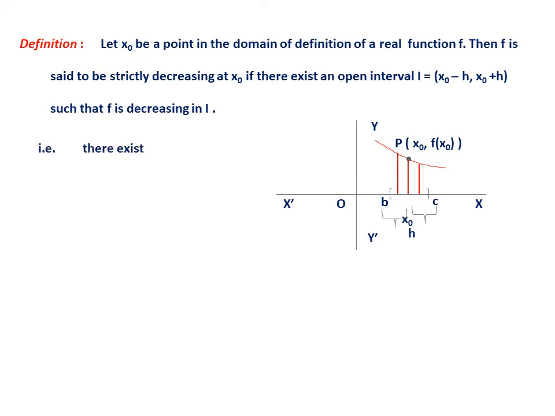Now strictly decreasing means there exist x1 and x2, two red lines, one on the left side of x0, another on the right side of x0. It is very clear from the diagram. Left side the red vertical line is more, right side the red vertical line is less. So it is very clear x1 less than x2 implies f of x1 strictly more than f of x2. So it is a strictly decreasing function at that point. So this is the idea.